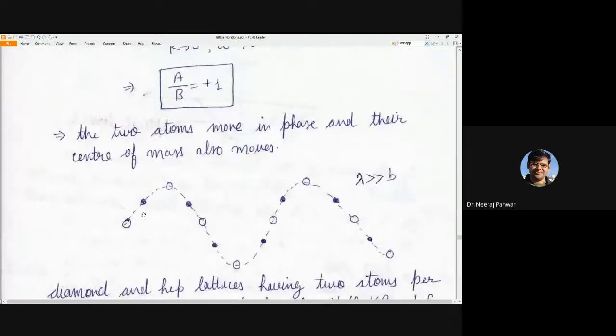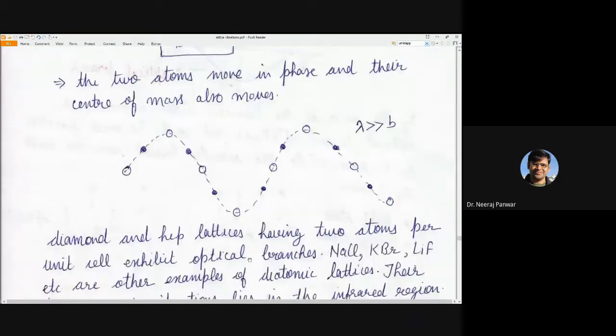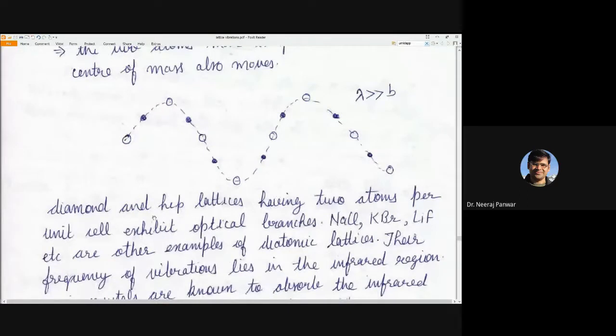So from this diagram, we can see that the two different ions near k equal to 0, at the center of the zone boundary, are vibrating in phase.